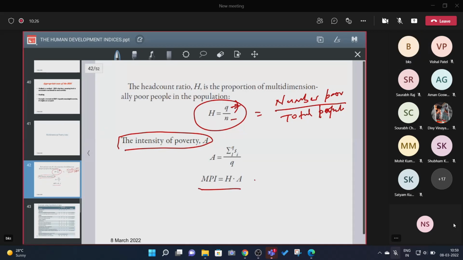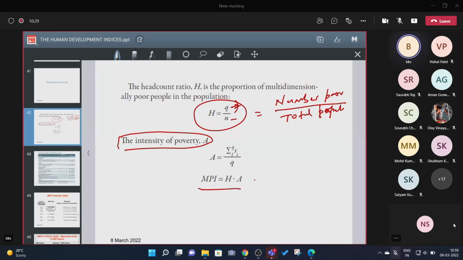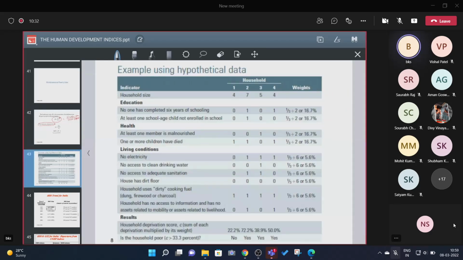Let me tell you through an example. Here, there are 4 households, 1, 2, 3, 4, and each household has a different number of household members. So that is your household size.